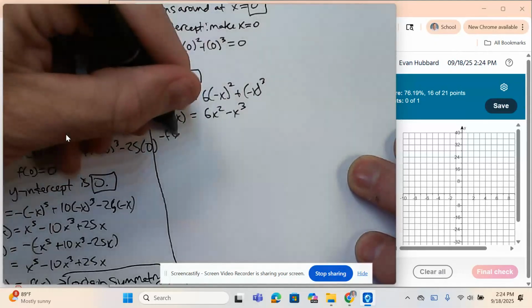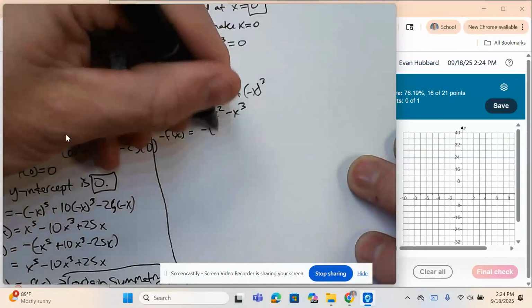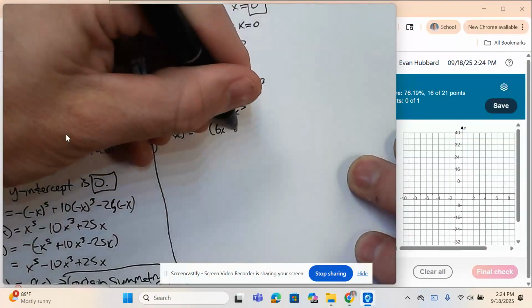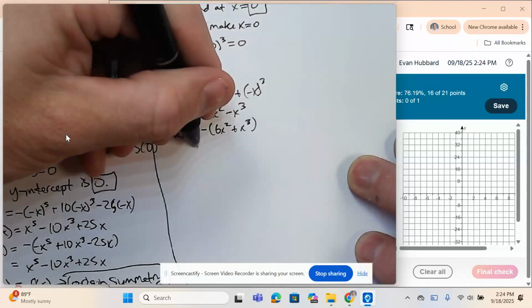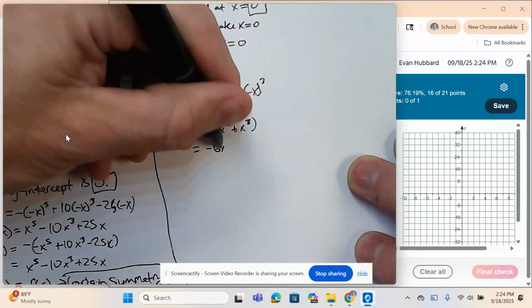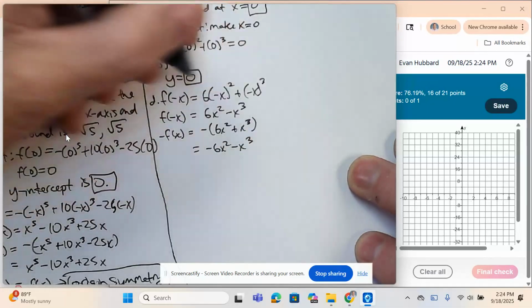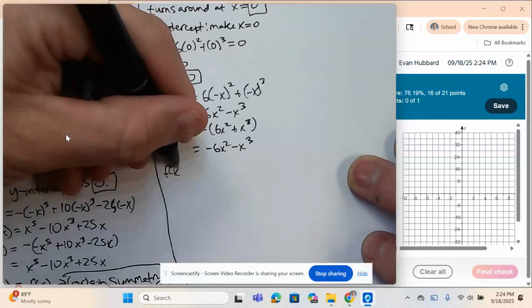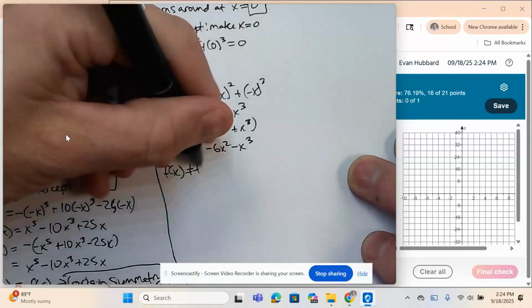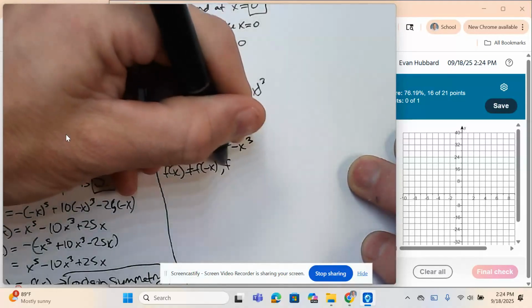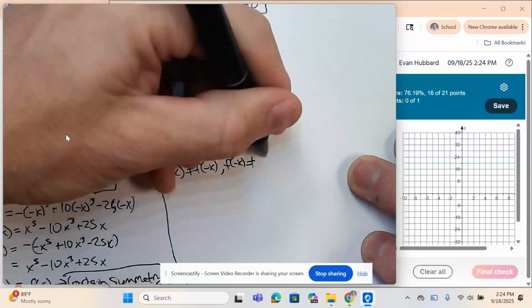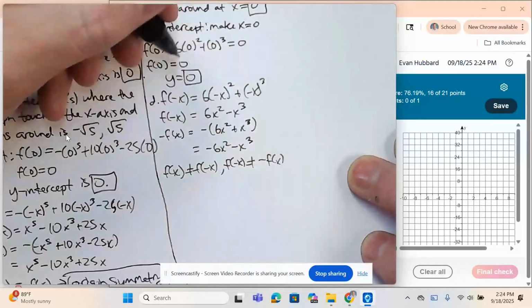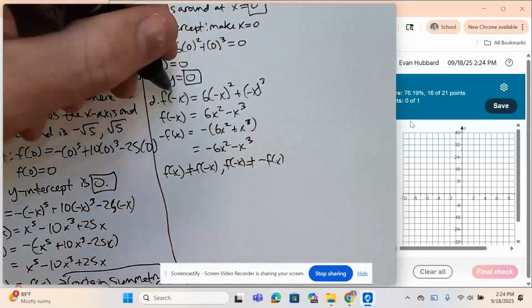Negative f of x is negative times 6x squared plus x cubed, so it'd be negative 6x squared minus x cubed. And so these are not equal. So f of x does not equal f of negative x, and f of negative x does not equal negative f of x, so it's neither.